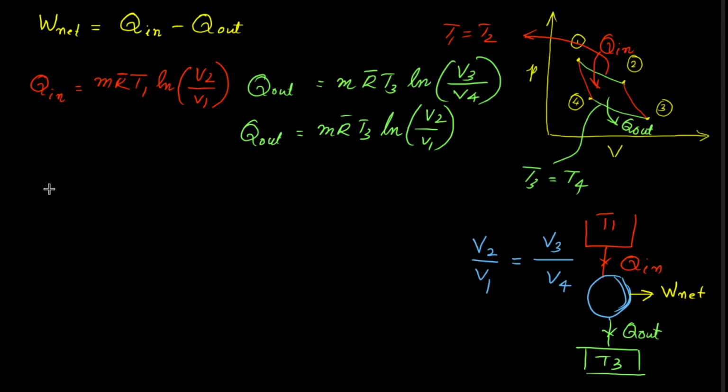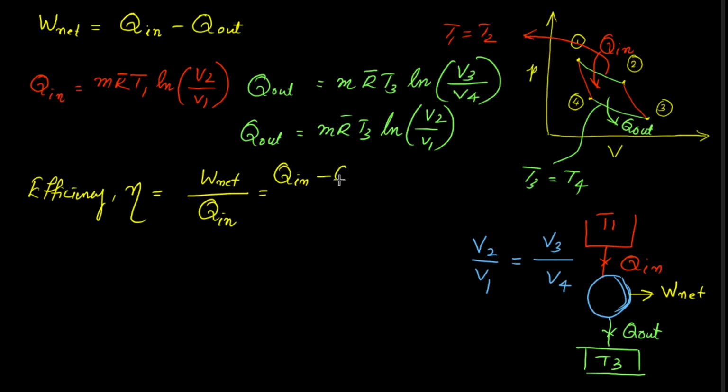So the efficiency of the Carnot cycle, usually represented by letter eta, is equal to net work done divided by heat supplied, so Q in. So W net is actually Q in minus Q out divided by Q in.